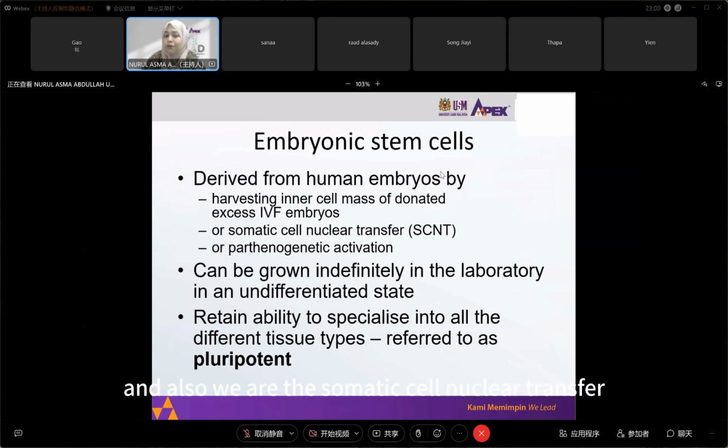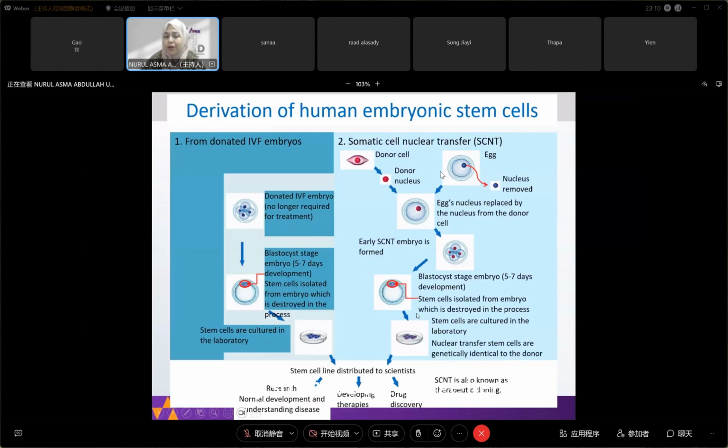Also via the somatic cell nuclear transfer. I have the image here. If you went through cloning technology methods during your undergraduate studies, I think you have learned about the somatic cell nuclear transfer method, whereby you can clone cells in the presence of donor cells.